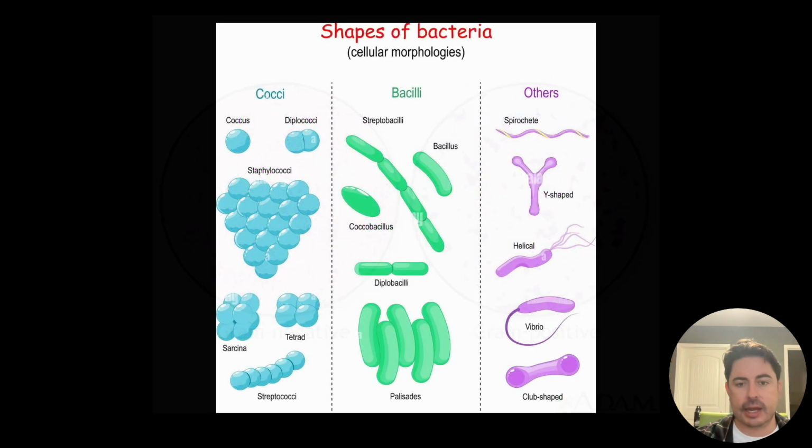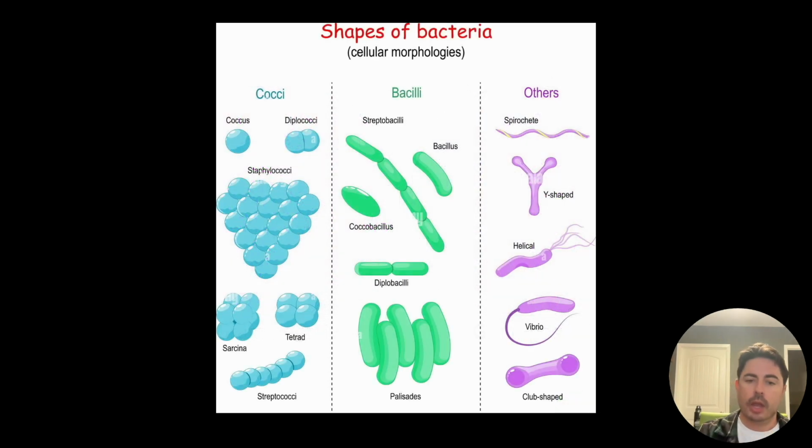And then when it comes to not looking at the color of the bacteria, but the shapes or even the morphology of those cells, we get the cocci shapes, which are circular shaped, and these can be in clusters, these can be in pairs, or they can be individuals, they can be in a line, just different descriptors that we have for cocci bacteria.